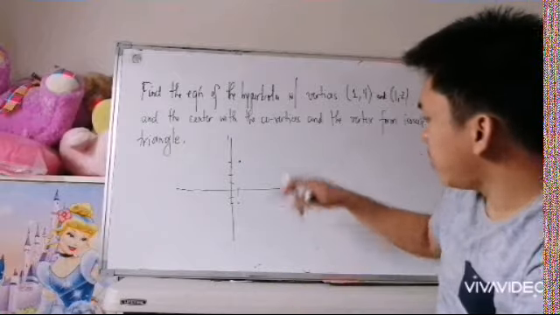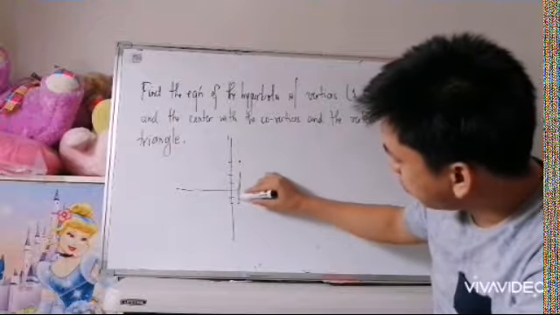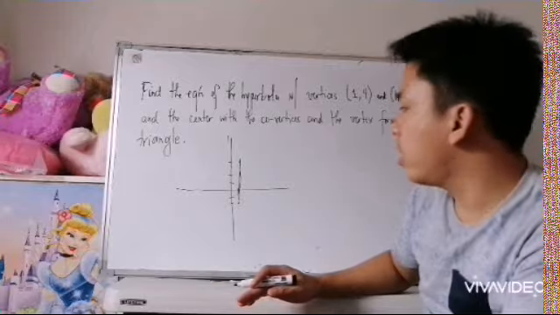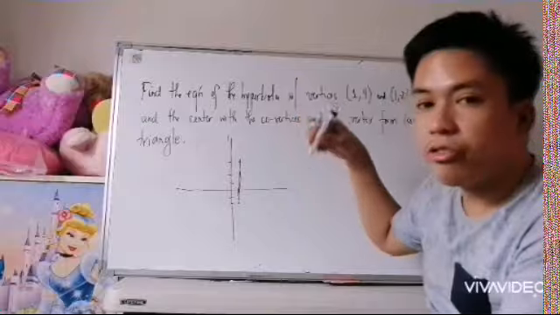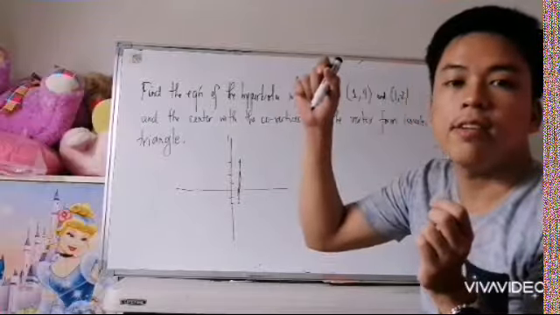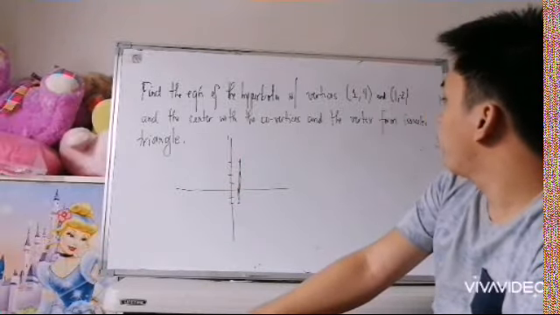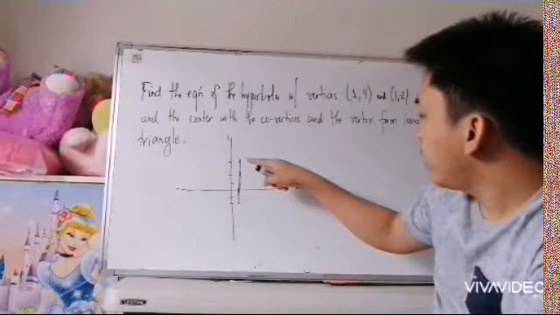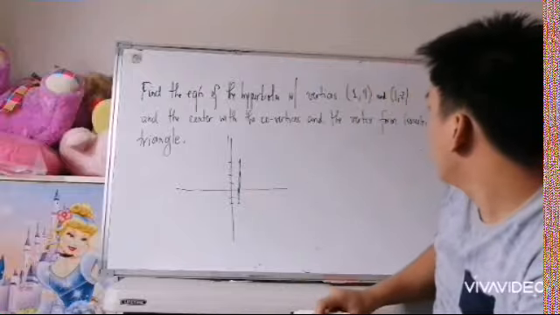Okay, so basically, since this is the vertex, if you connect a line segment, you're pretty sure that the hyperbola is oriented vertically because the line segment connecting the two vertices is vertical. So the midpoint of these two points, of course, will be the center.